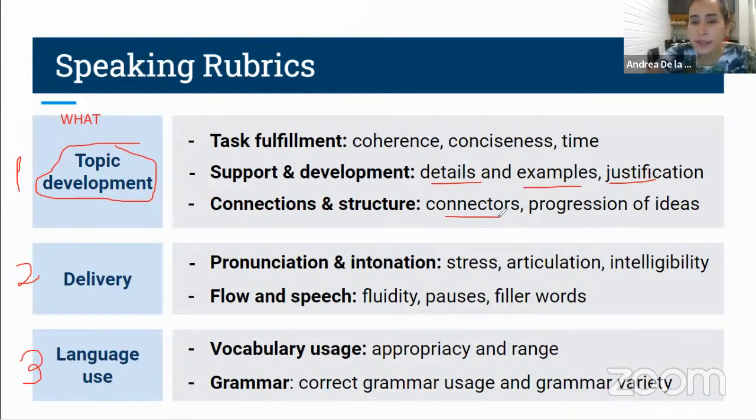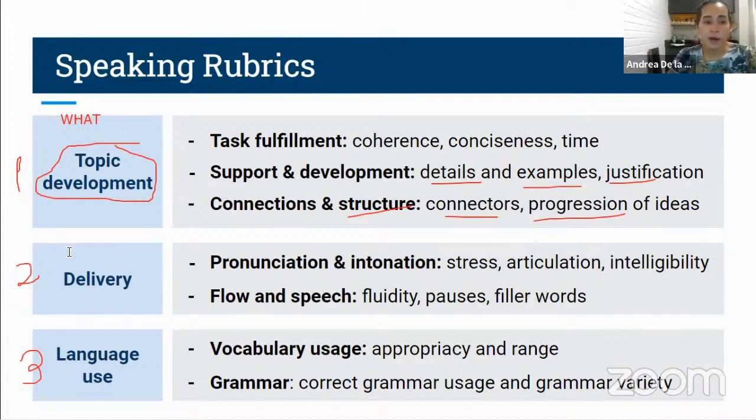Do they flow easily? Do you have a structure? How's the progress of your ideas? Basically, topic development is what you say, how coherent it is, how well you manage your time, how developed your response is, how deep it is, and how well connected it is. Okay? So that is the first big category that you have to meet.